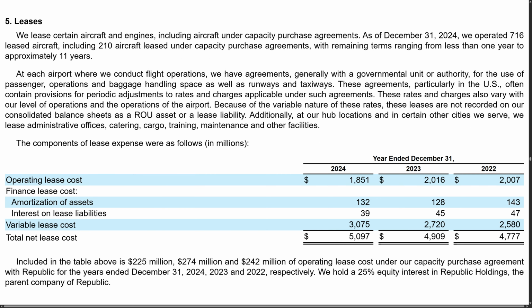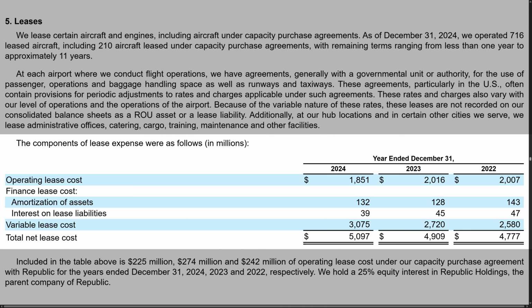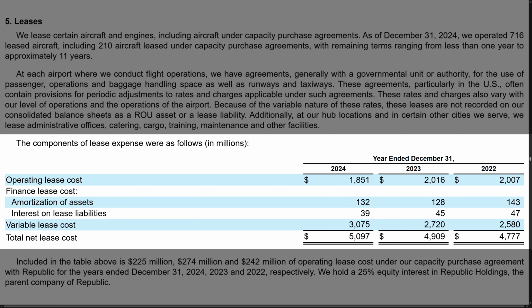Then if we look at the lease footnote in American Airlines' 10-K, you can see how they present their quantitative disclosures. They list their operating lease costs, their finance lease costs separated into interest and amortization, and their variable lease cost.